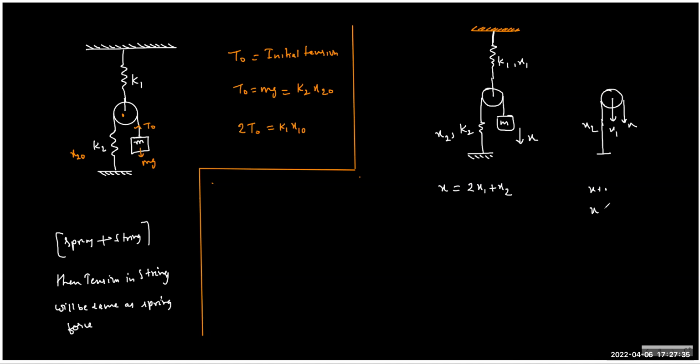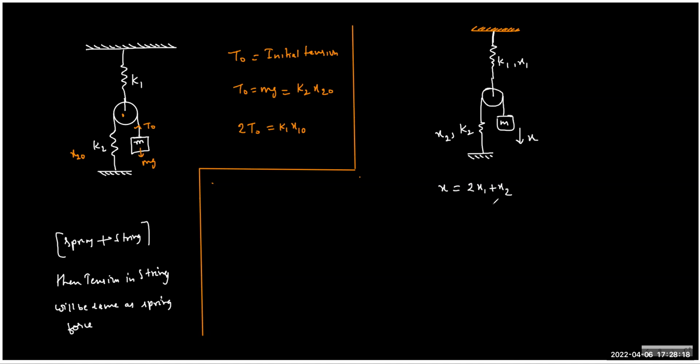This is going down, this is elongated. Anyway, you can do it by T1 x1, T2 x2, the formula which you know from the laws of motion.